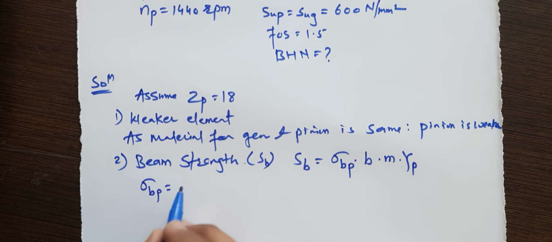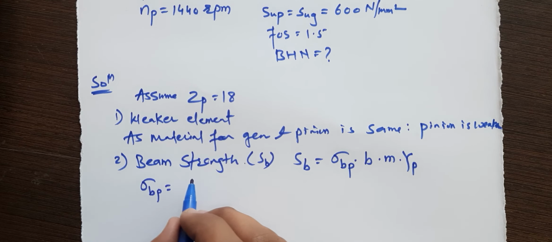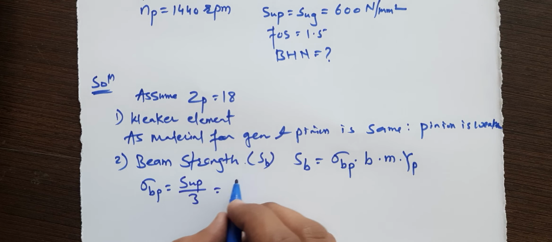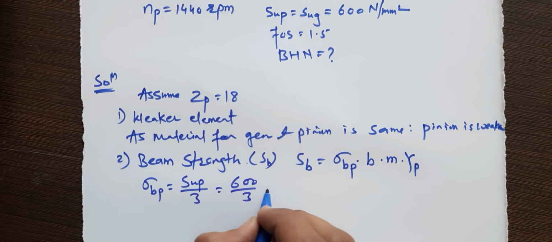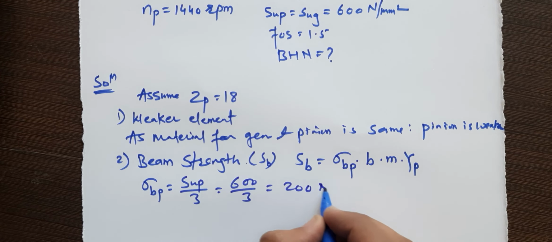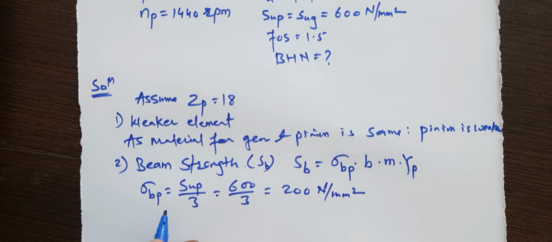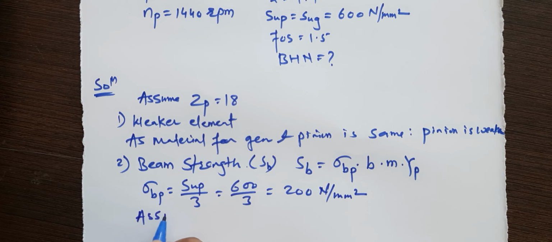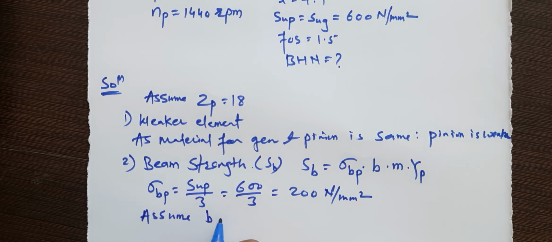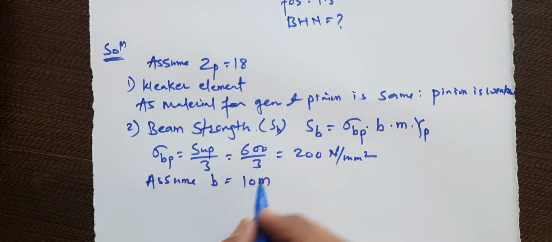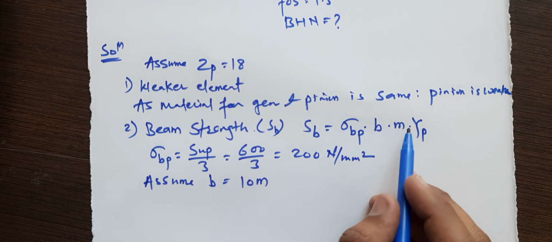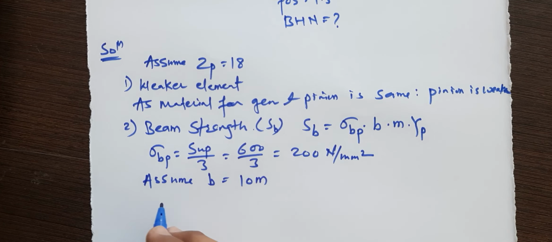Sigma BP is equal to SUP by 3, so 600 by 3, 200 Newton per mm square. Then B is not given, so we will assume B as 10 module.